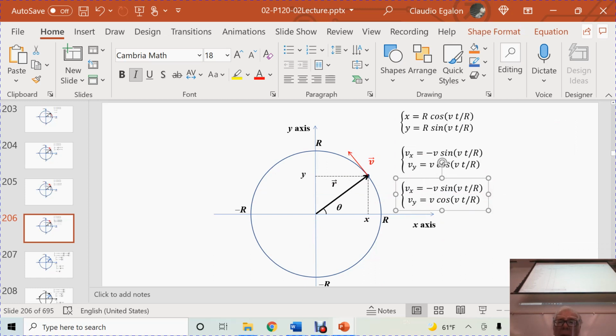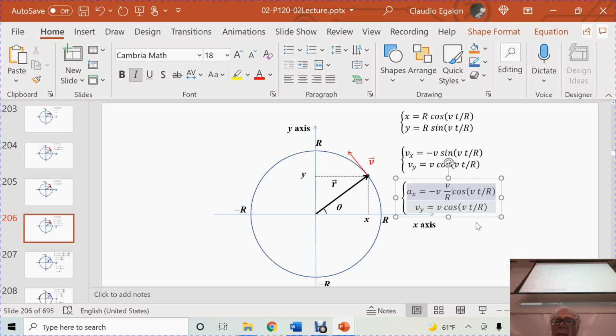The x component of the acceleration is going to be the derivative of this equation. Sine turns into cosine. The argument becomes vt over r. You differentiate the argument and it goes outside, becomes v over r. The sign here remains negative.